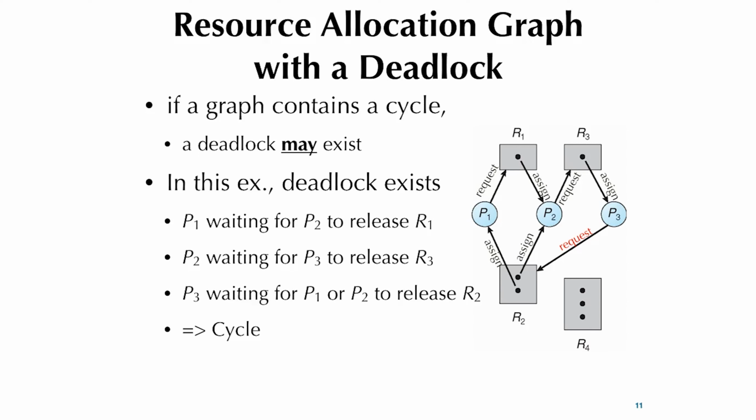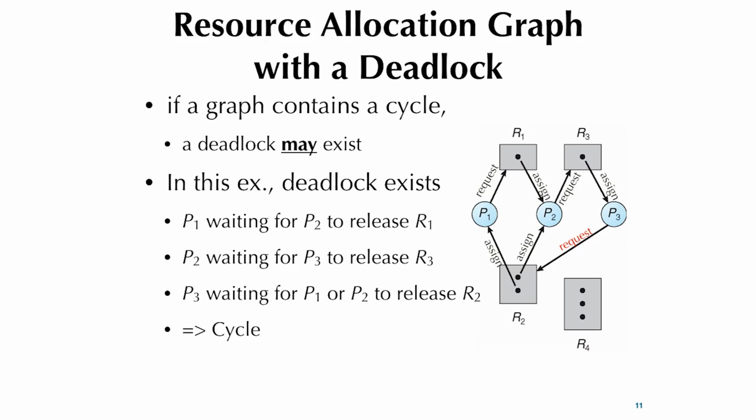P1 is waiting for P2 to release R1, and P2 is waiting for P3 to release R3, right? And then P3 is waiting for P1 or P2 to release an instance of R2. And so there is a cycle there, or actually two cycles, right?